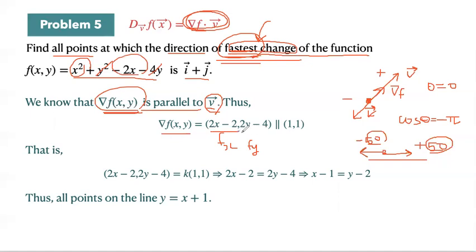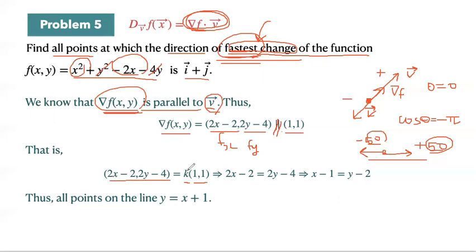And if we differentiate with respect to y here, then we get 2y minus 4. And it must be parallel to 1,1. Okay. So it means that (2x minus 2, 2y minus 4) is equal to k times (1,1) for some k.